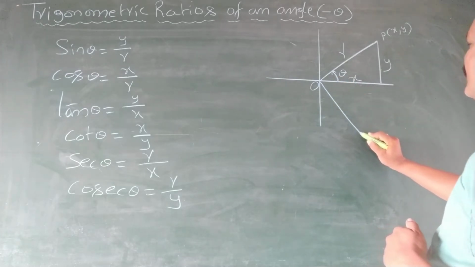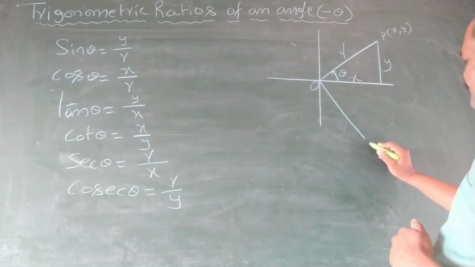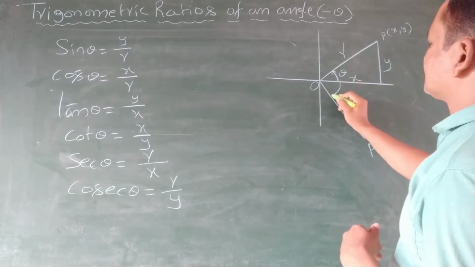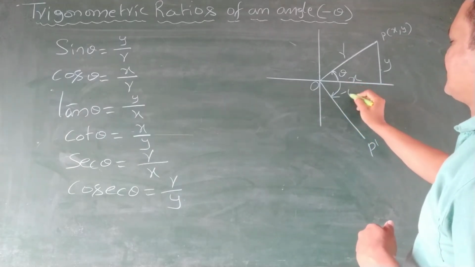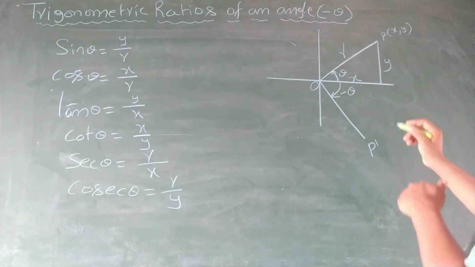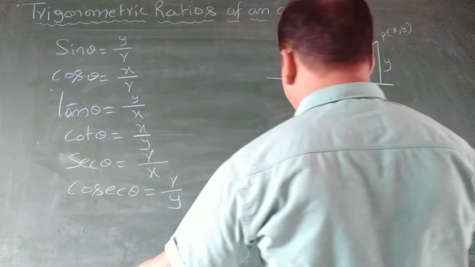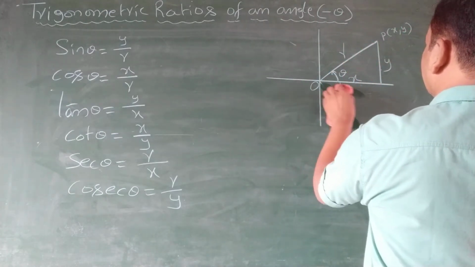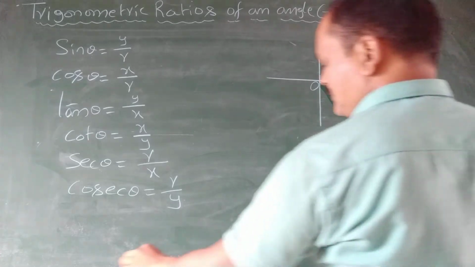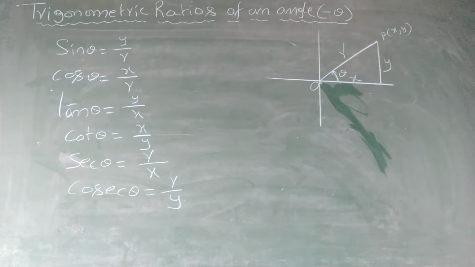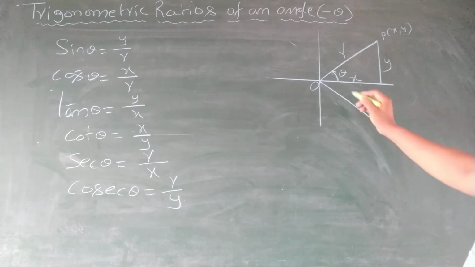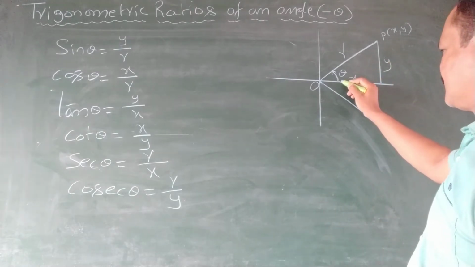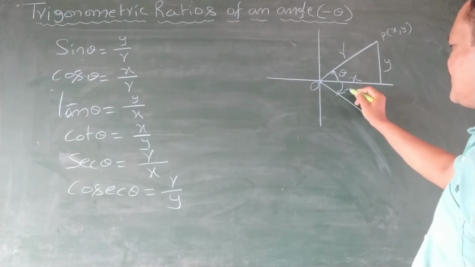Now its reflection, ray OP dash. Moving in the clockwise direction, it makes minus theta.